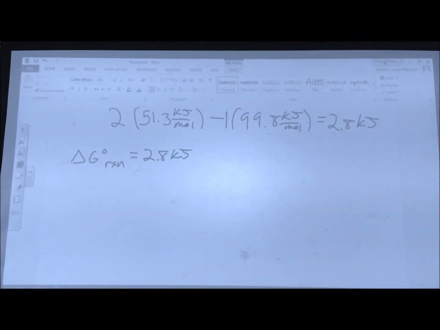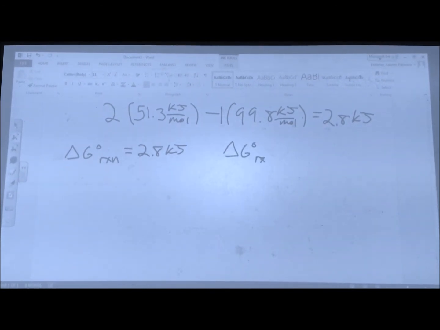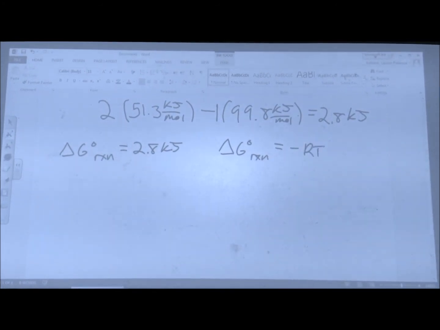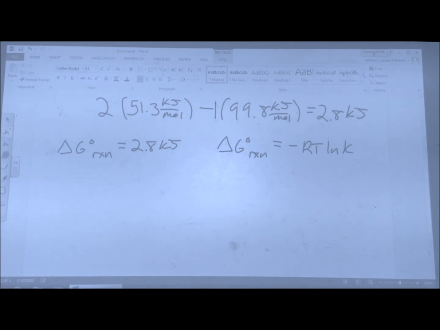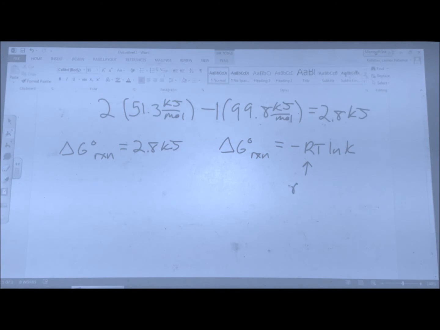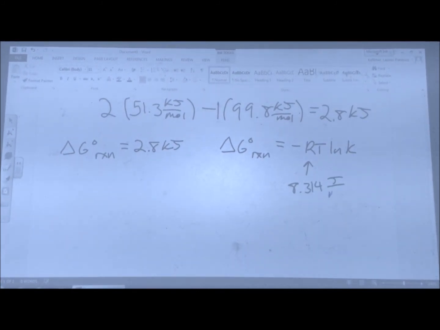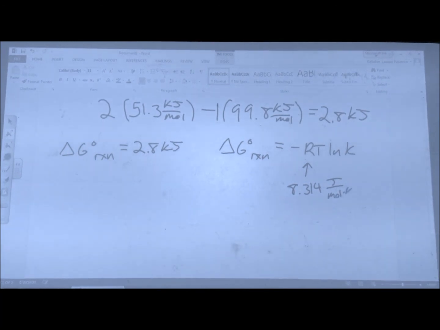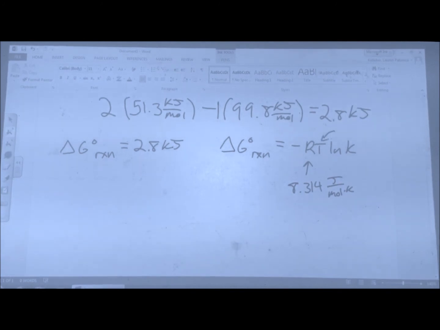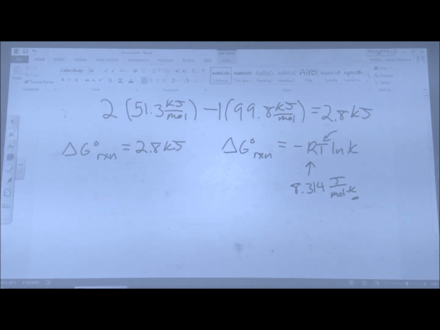Then we have to plug that into the relationship delta G at standard conditions equals negative RT ln K. The R stands for the gas constant, which is 8.314 joules per mole times K. The T stands for the temperature, which, because our gas constant has Kelvin as one of its units, means our temperature has to be in Kelvin.